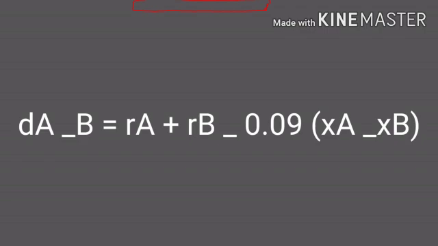In this equation, XA, the electronegativity of atom A, is much greater than the electronegativity of atom B. The unit of atomic radius is angstrom.